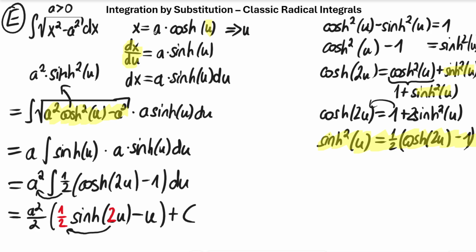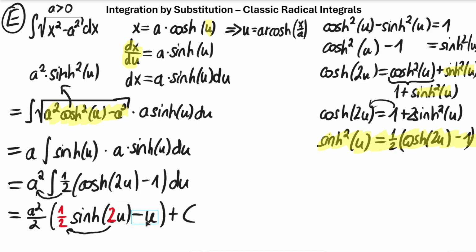You divide by a and use the inverse of the hyperbolic cosine. So this means the u is the area cosine hyperbolic of x divided by a. And if you plug this u function in here, at least you have the result.